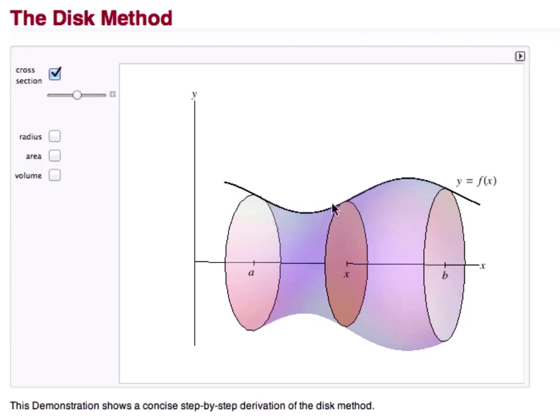Okay, so here you can see our function, and then you can see the solid that's generated by revolving this around the x-axis. Okay, and we're going from our interval from A to B, and here you can see there's one disk here at a value of x. And you can see that I can slide that x to wherever it goes.